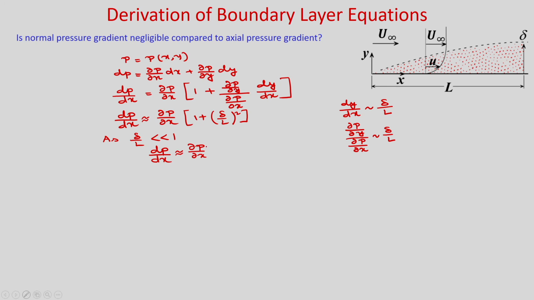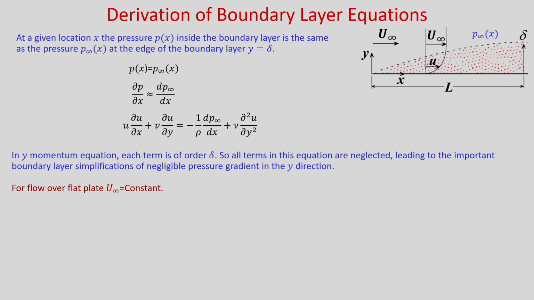Okay. So, now you can see that as del p by del y is negligible, p is a function of x only. At a given location x, the pressure P(x) inside the boundary layer is the same as the pressure P infinity at the edge of the boundary layer, y equal to delta.